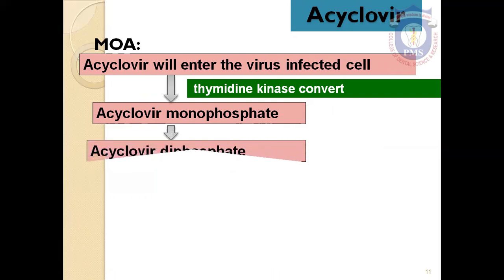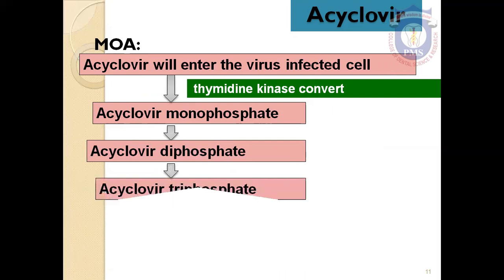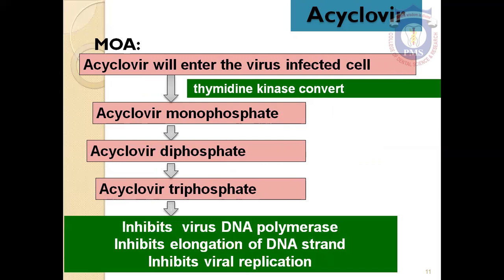Further conversion gives acyclovir diphosphate, and finally acyclovir triphosphate. This inhibits the viral DNA polymerase enzyme, inhibits the elongation of the DNA strand, and thereby inhibits viral replication.